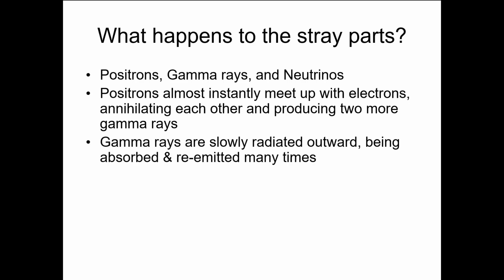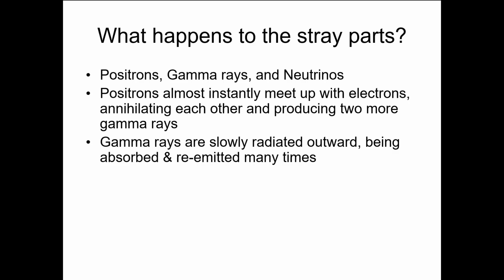And then those gamma rays are slowly radiated outward, and they're absorbed and re-emitted many times. Remember that material at the center of the sun is very dense, okay? And it absorbs light, and the gamma rays will get absorbed by an electron or a proton, something that's flying around, and then re-emitted, but they're typically re-emitted with less energy than they had when they came in.